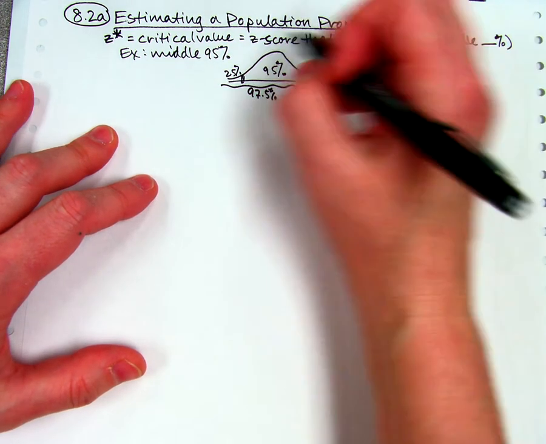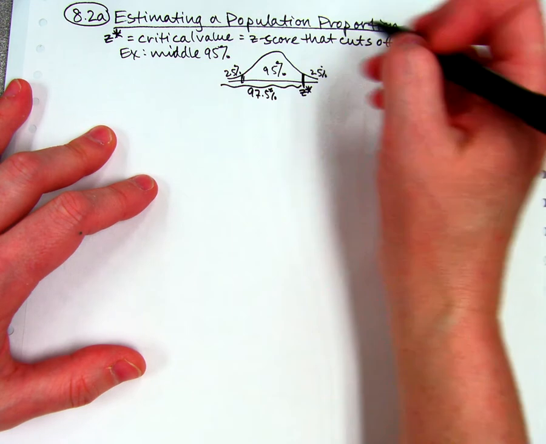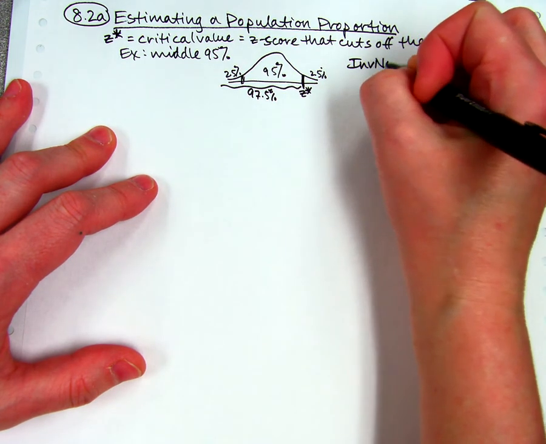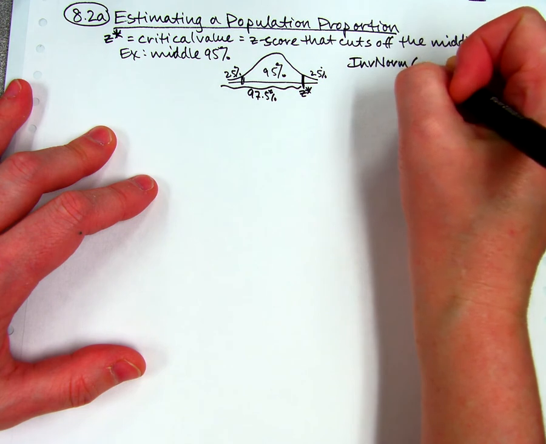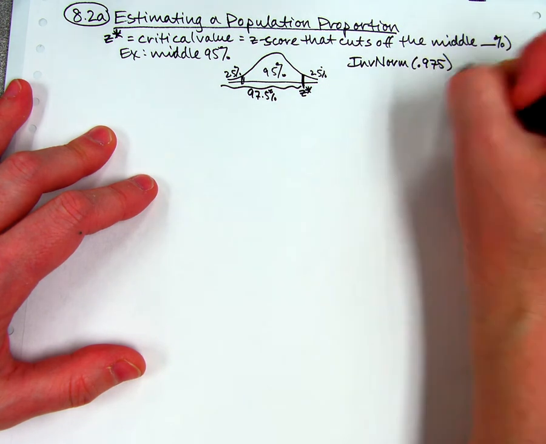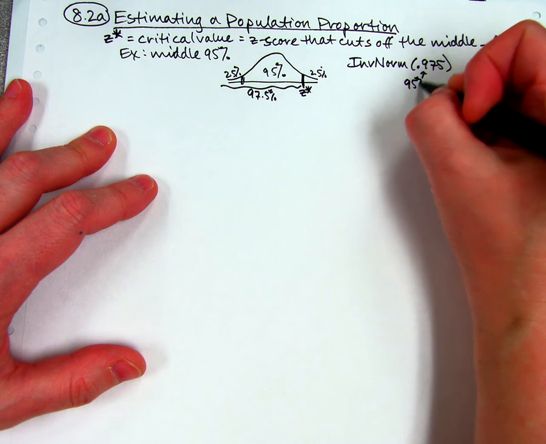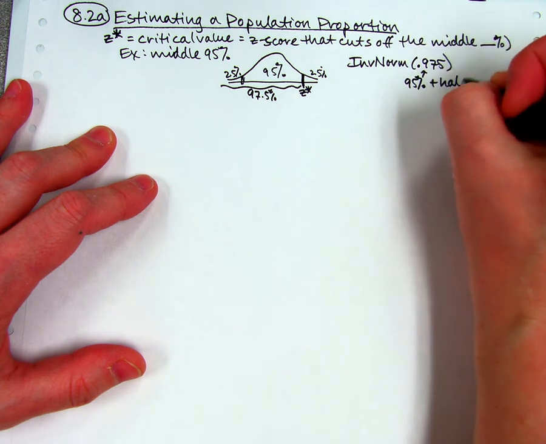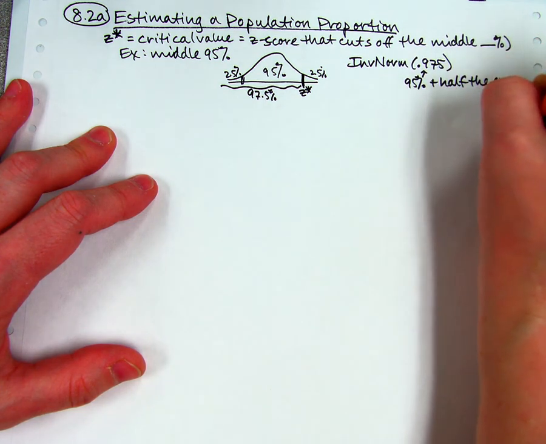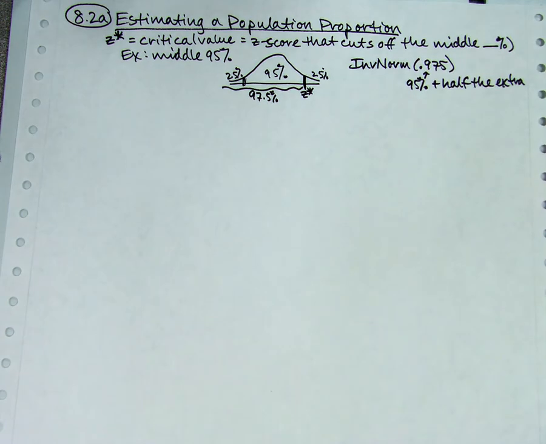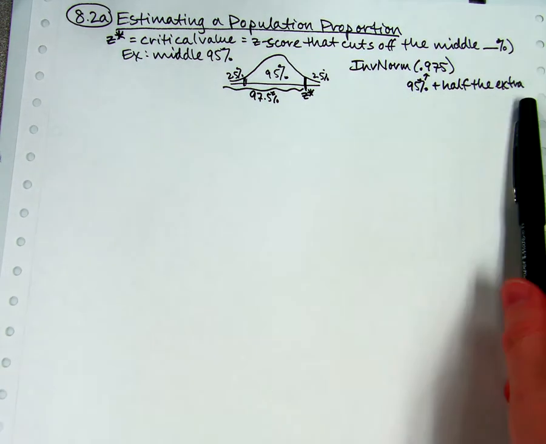And so in order to calculate the middle 95% or the critical value for that, I would do inverse norm on the calculator 0.975, and just so that it's written down, this is the 95% plus half the extra. I could make a formula for that, but I found that it actually confuses people more if I write down a formula for this half the extra thing.